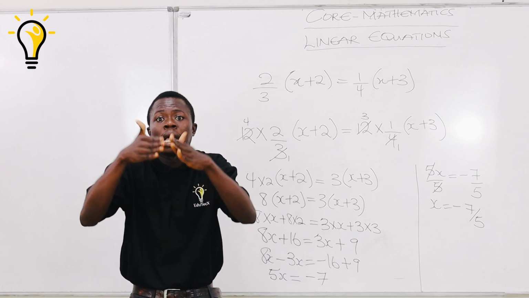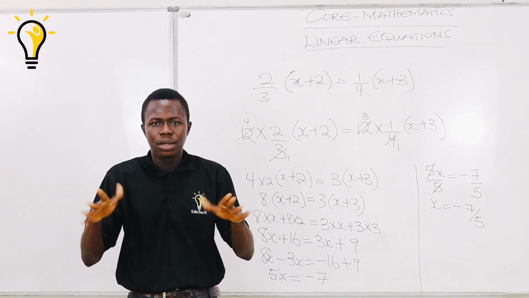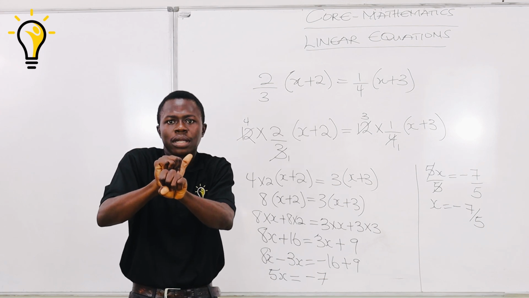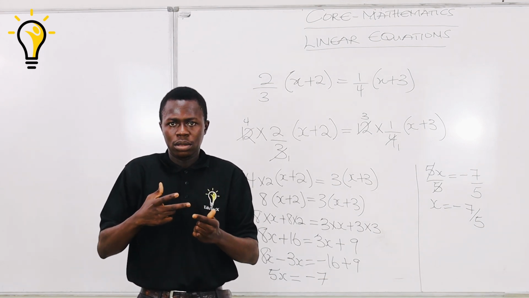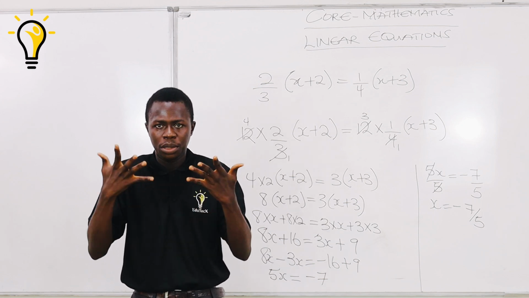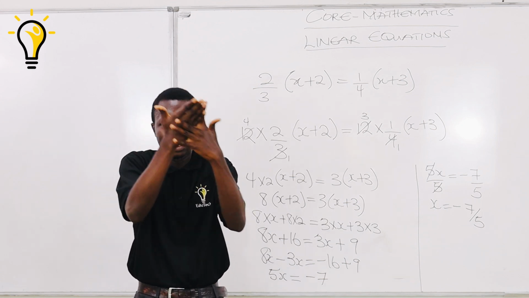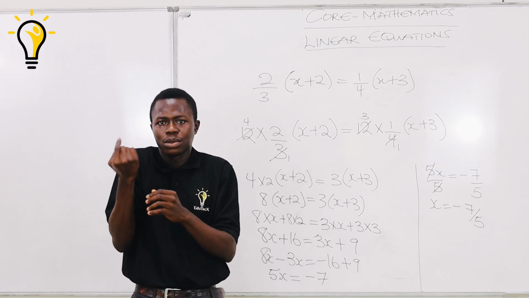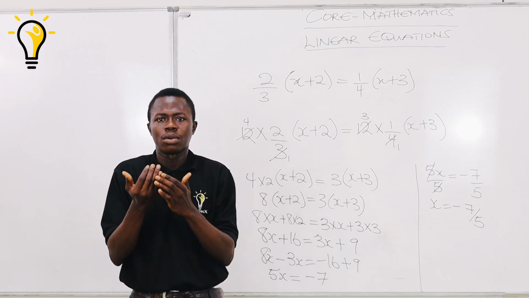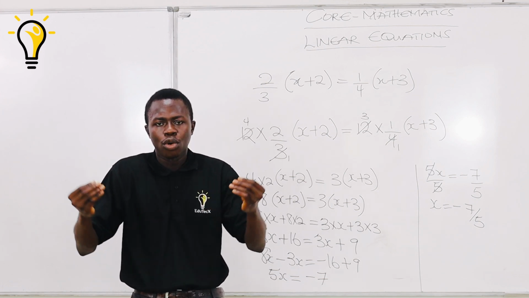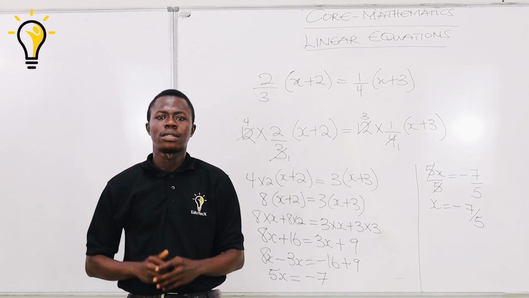After we are done with that, we expand the bracket in the equation. Then we group like terms, then we add or subtract the like terms. Then after that, we divide both sides by the coefficient of x to get our answer. So that's how we solve linear equations involving fractions.